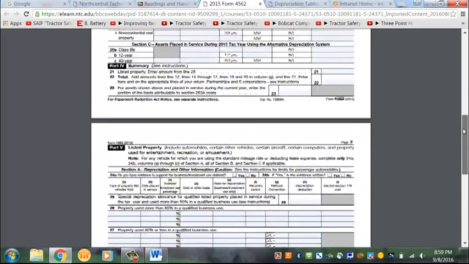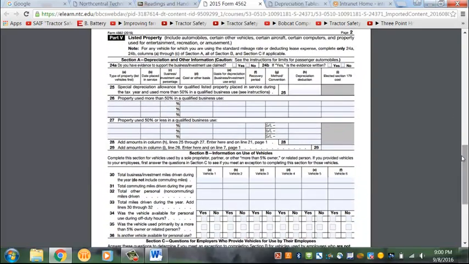If we go to the next page, this shows our listed property. The listed property that you're going to be concerned with is automobiles and trucks for the most part. These are broken down into 2 different sections: the ones that are used more than 50% in the business and ones that are used less than 50% in the business.